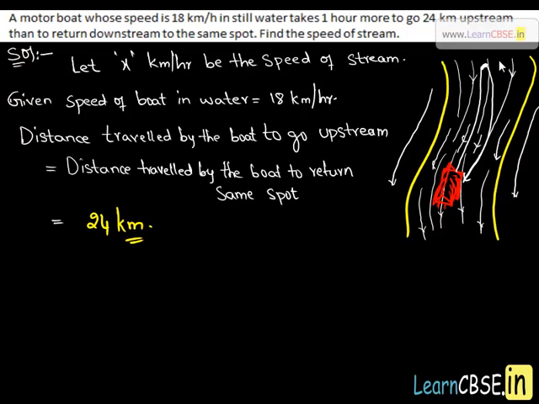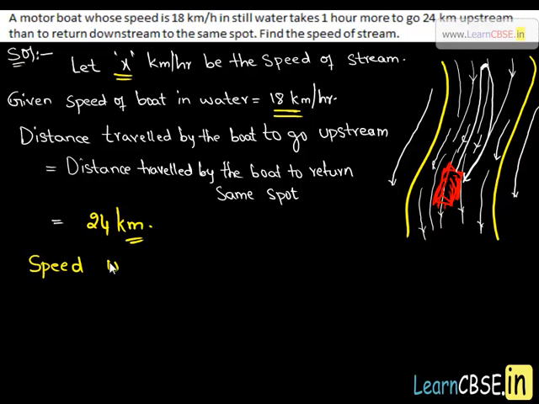This means the distance traveled by the boat to go upstream is equal to the distance traveled by the boat from the upstream point to return to the same spot, and it is equal to 24 kilometers. Now let us find the speed of the boat when it goes upstream.